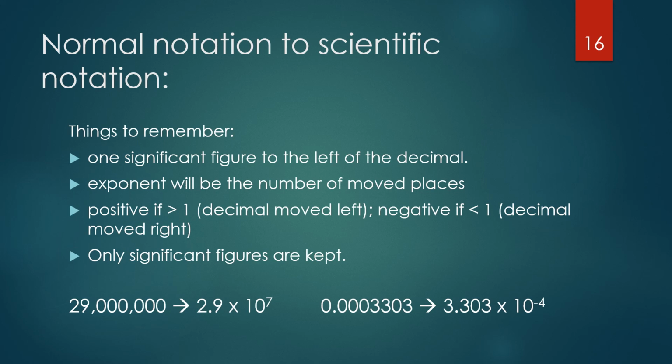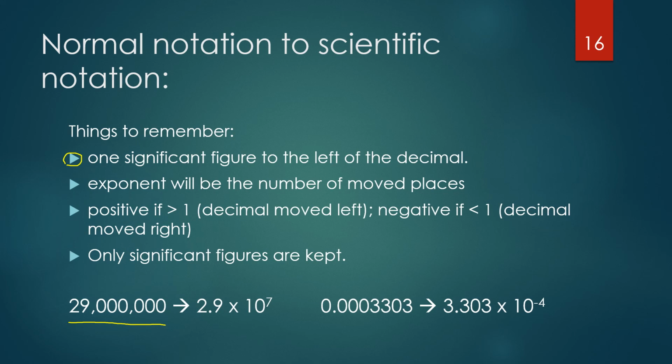So first off, when you are given a number in normal notation, let's look at the number at the very bottom of the slide here, 29 million. So that's the normal notation version. If I wanted to take that number and write it in scientific notation, I'm going to apply this first rule here. What that first rule says is I want one significant figure to the left of the decimal.